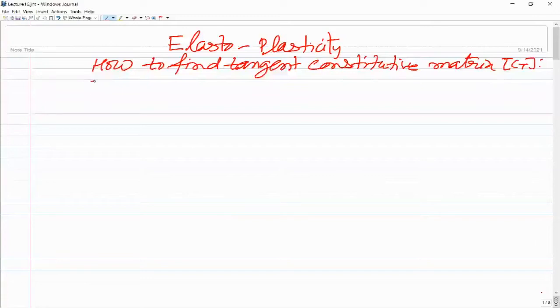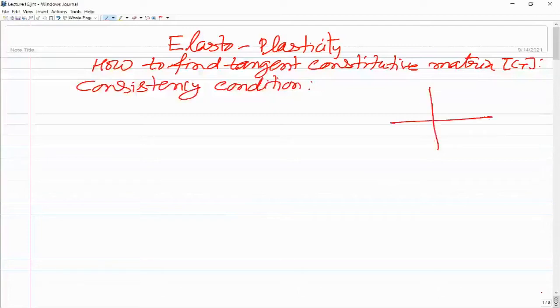The consistency condition. What I am talking about: let us say there are two non-zero stresses, sigma 1 and sigma 2, and we look at the yield surface.